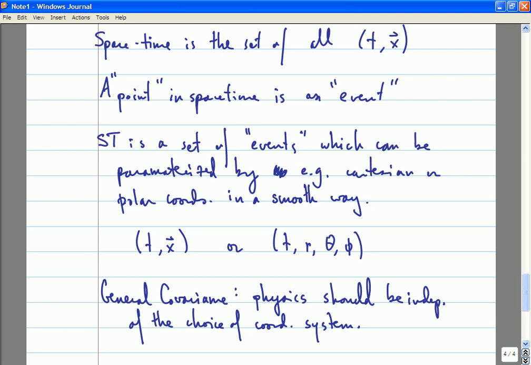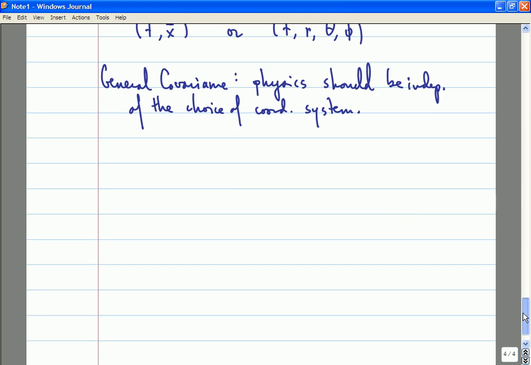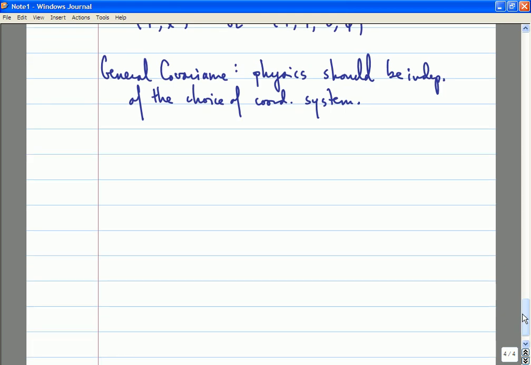So in fact, the principle of general covariance is a very deep one and is possibly the most important concept in this course, and certainly the motivating concept for the first half of this course. Any questions on that? If that sounds all rather loosey-goosey and philosophical, don't worry. It will become much less loosey-goosey later on in this course.